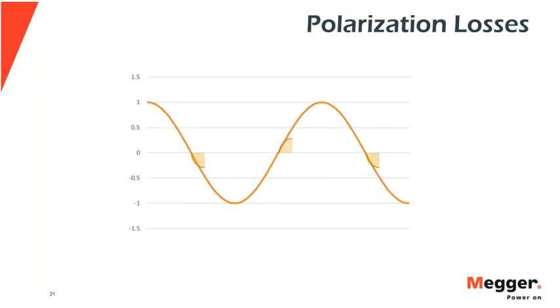That is the frequency at which the contribution to loss for that particular polarization process would be the highest. If, on the other hand, I slowed down the frequency of my voltage signal, that same polarization process would finish, and after that point it contributes no further to the total loss, because it's already gotten to where it wants to go, and it's going to stay in that position until the polarity of the voltage changes.